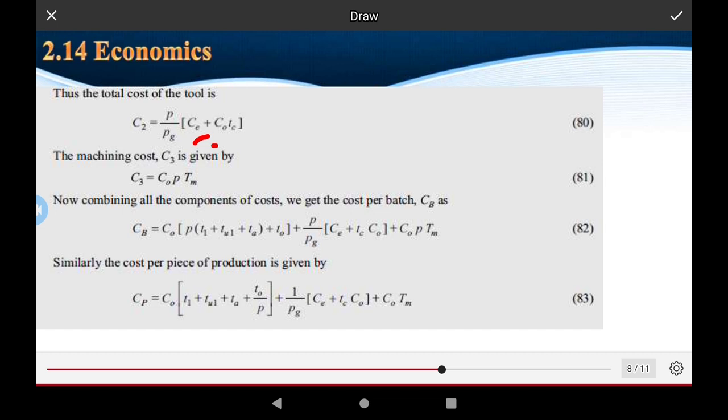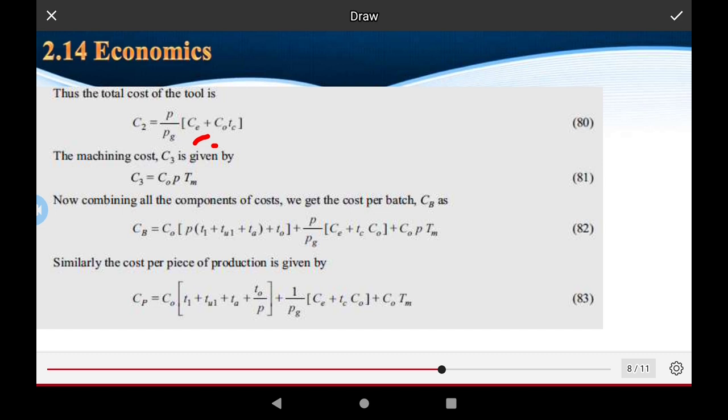TA is the time of the operation, and C naught is the overall cost, plus P upon PG equal to CE plus TC, the tool change time, and C naught P into Tm.